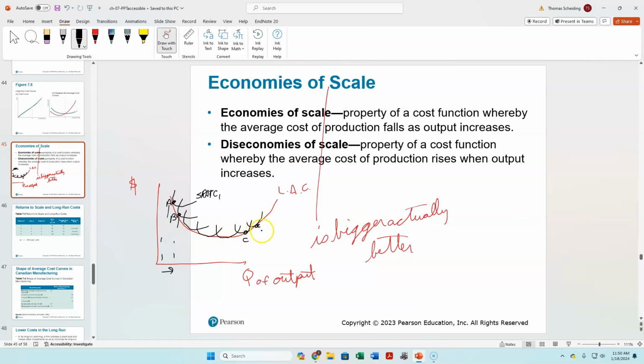But if we're at C and D for those levels of production, then getting bigger actually raises costs, which would be our diseconomies of scale region. So, in essence, we could imagine having economies of scale here and diseconomies of scale here.